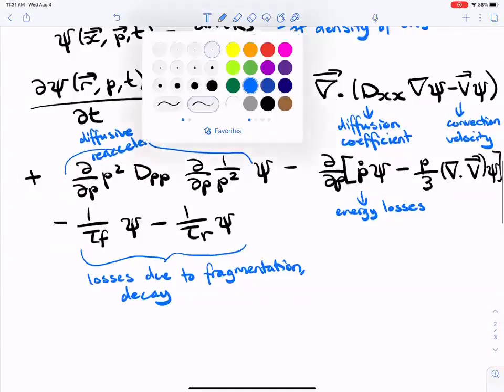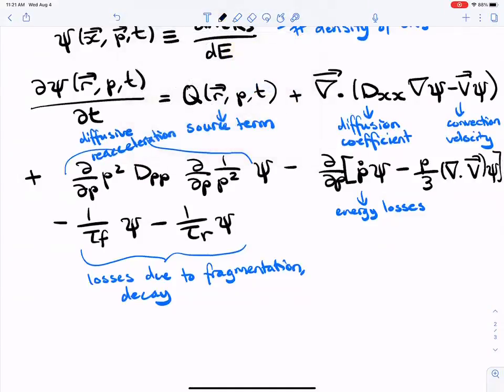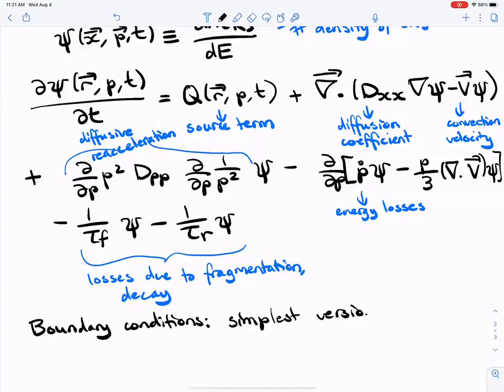In addition to this baseline equation, you need to set some boundary conditions. This is just a PDE. The simplest form of the boundary condition is to take some kind of free escape version at the boundaries of the galaxy. So the simplest version is we model the galaxy as a cylindrical slab.